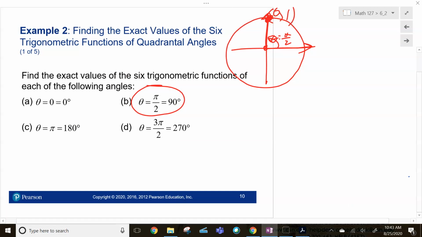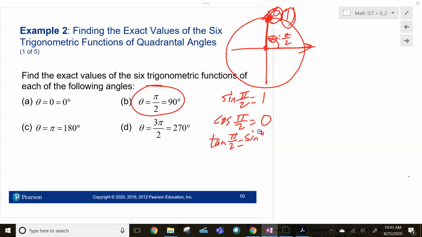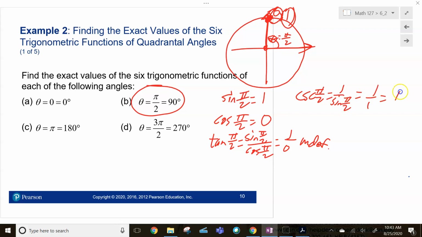So my sine of pi halves, the y value, is 1. Cosine of pi halves, the x value there, is 0. Tangent of pi halves, sine over cosine, so 1 over 0, so it's undefined here. The reciprocal of sine, cosecant, is 1 over sine, and we know that's 1 over the y value, so 1.